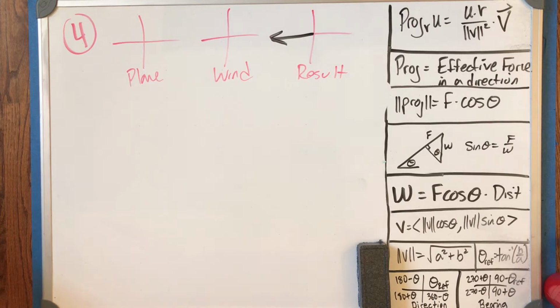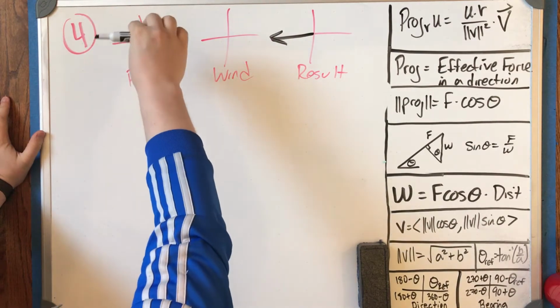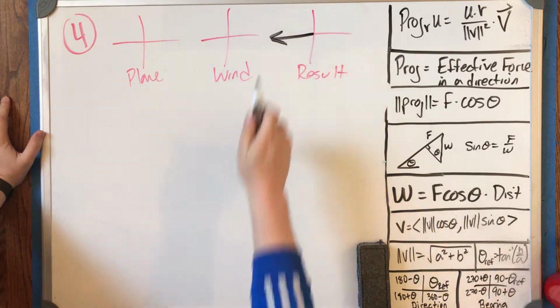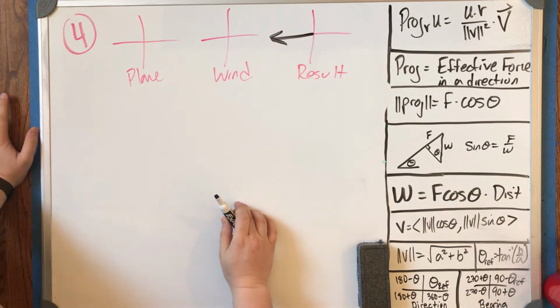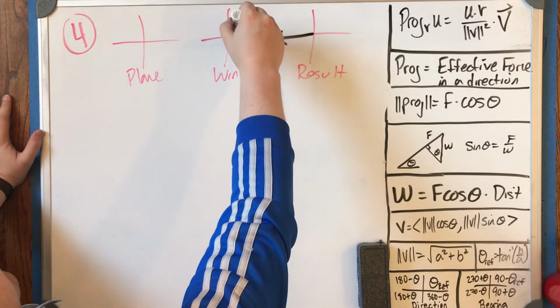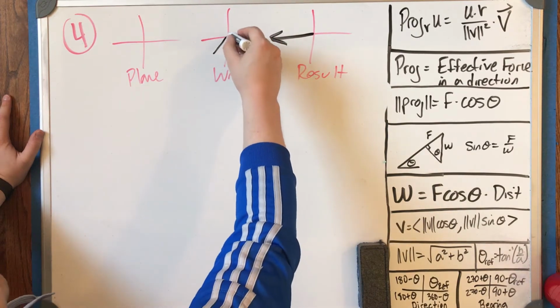And then over here for the plane, we know that we're flying 400, but we don't quite know which way it's pointing. That's what we're going to try to figure out, which way we need to point ourselves to make sure that we actually fly west. And we have a 35 mile per hour wind, bearing of 240. Okay, so bearing, that'd be 90, 180, this would be 270, so I know it's going to be somewhere right here.